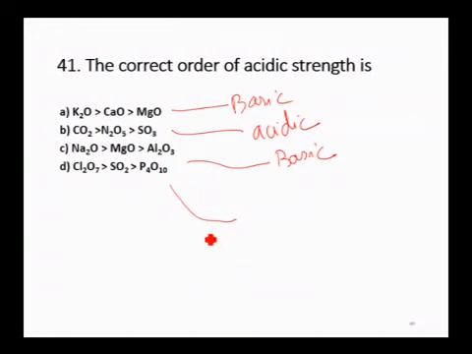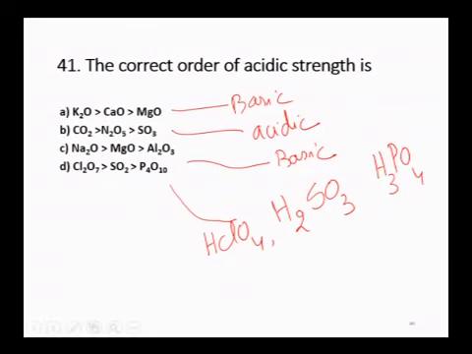Among these, HClO4, perchloric acid, H2SO3, sulfurous acid, H3PO4, orthophosphoric acid.